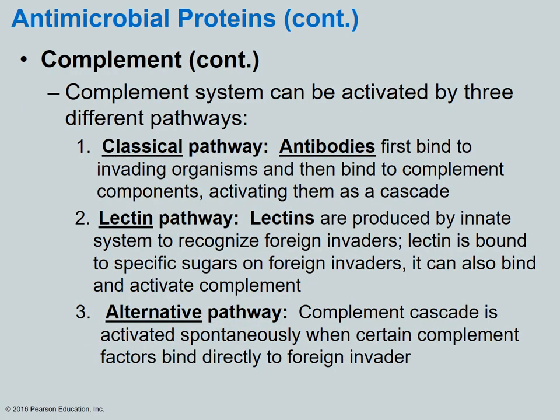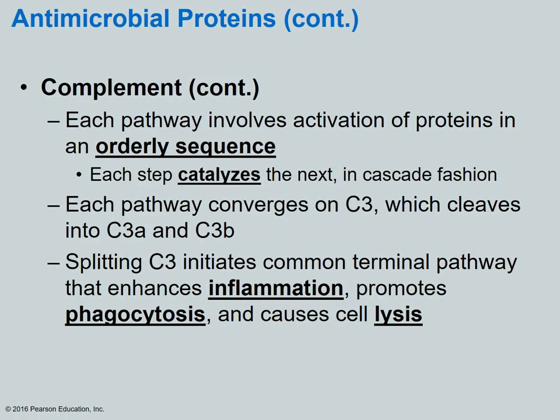It can be activated by 3 different ways. The classical pathway, which involves antibodies binding, the lectin pathway, and then there's an alternative pathway. And for the purpose of this class, no matter which way is activated, just know that each one of them is a very orderly sequence. It is dependent upon the step before it.